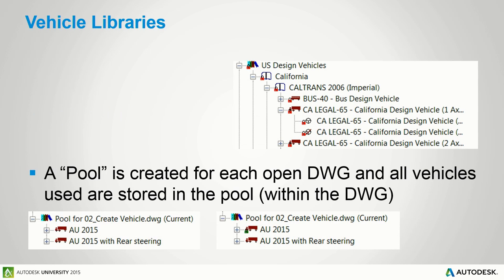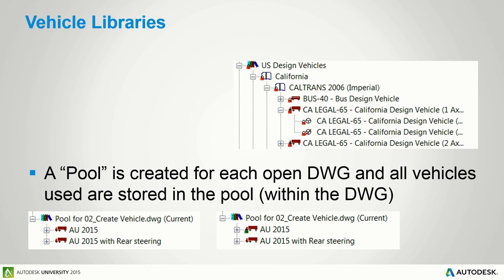After installation of vehicle tracking, there is a rich library of vehicles available. These vehicles are locked, so you can see a red lock pad here.